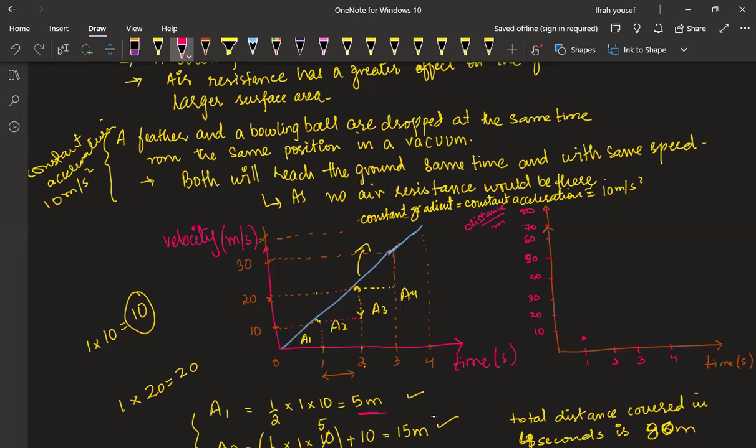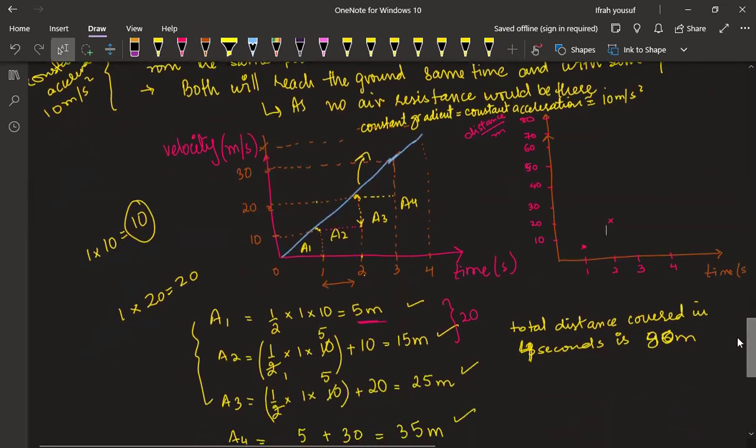But remember, what should be the total distance? 5 plus 15 is going to be 20. So I need to mark 20 at 2. Clear? So that it will tell us what should be the total distance in 2 seconds. Clear? Right?